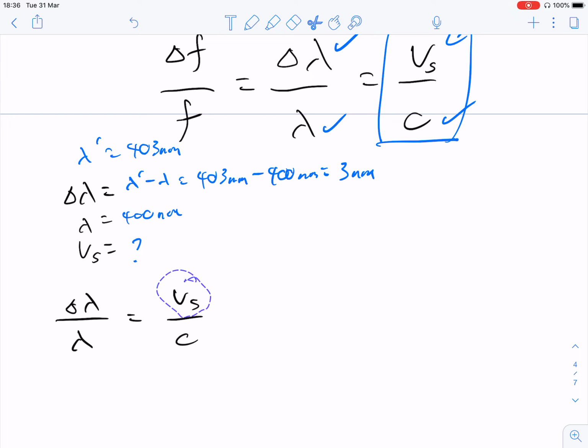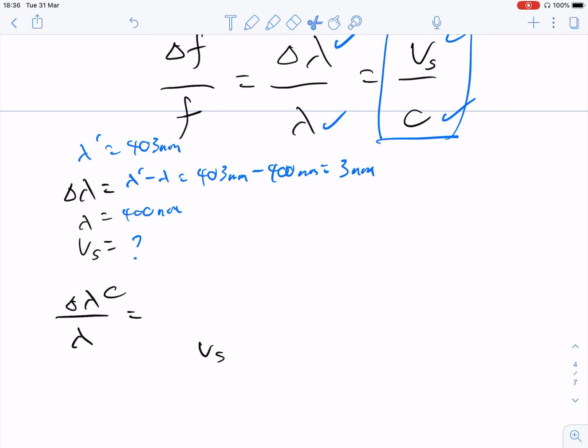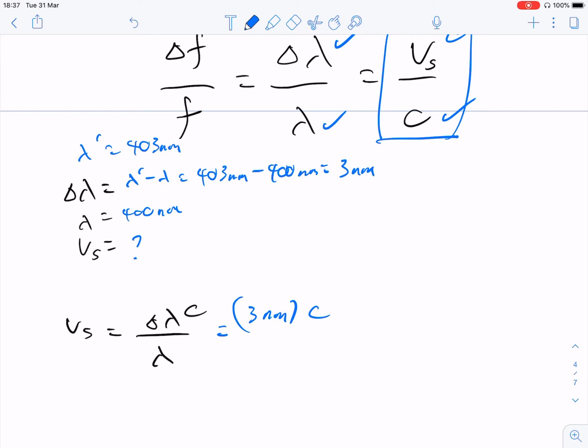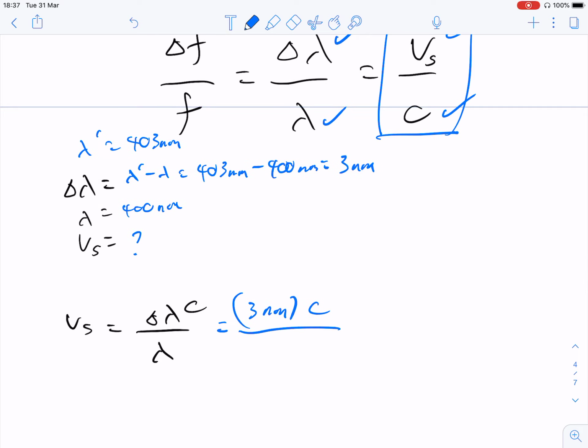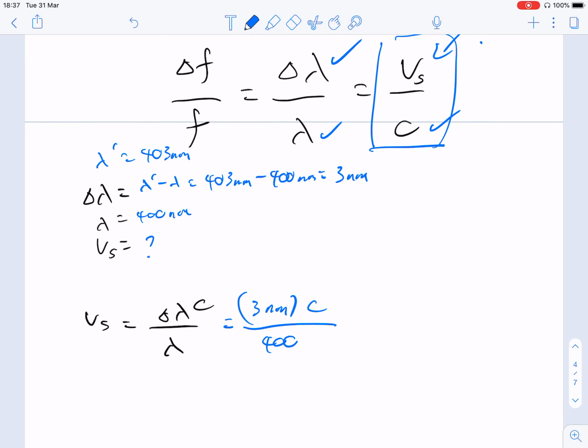I'm going to rearrange this formula on its own. Okay, so this is what we're looking at here. Now that I've got the formula rearranged, we're going to do our substitution. So this is 3 nanometers times the speed of light c over the original, which is 400 nanometers.